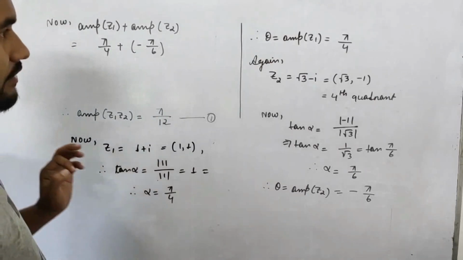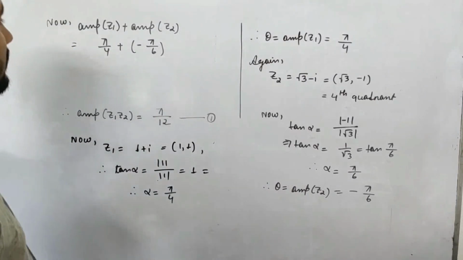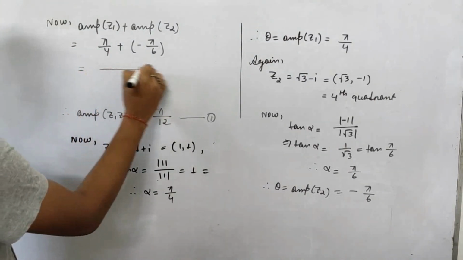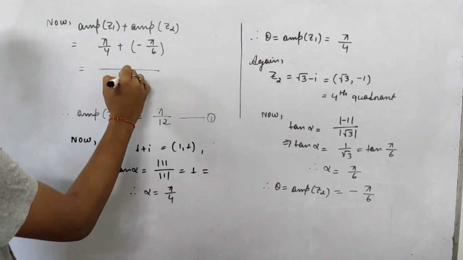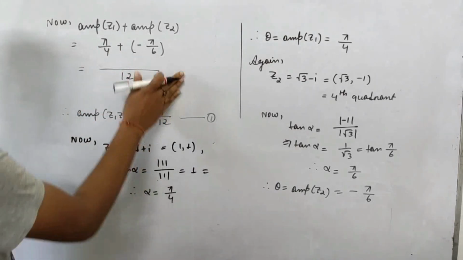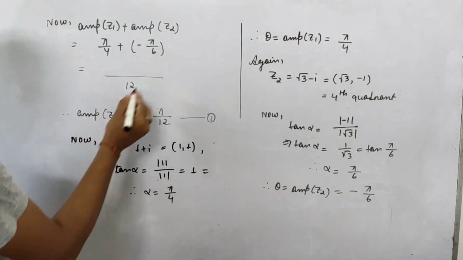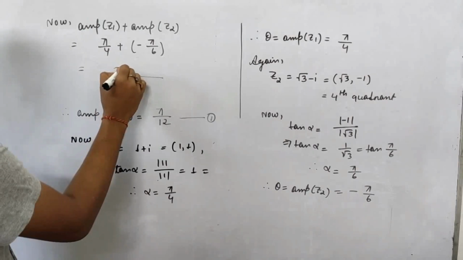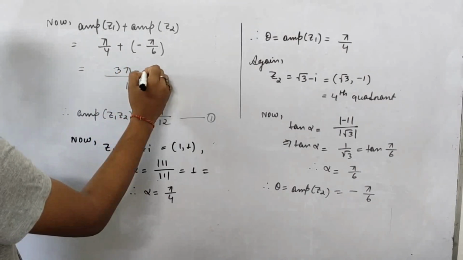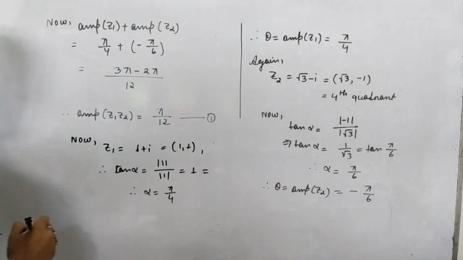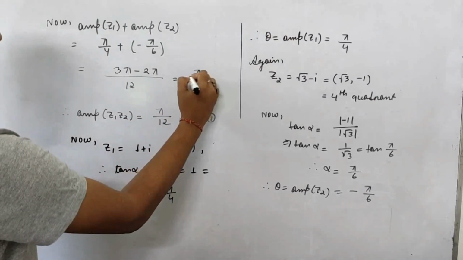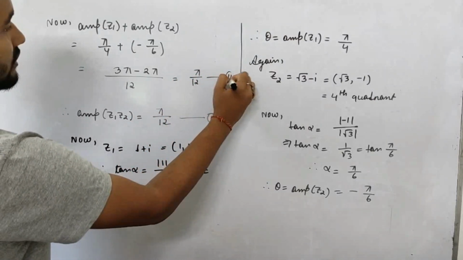Pi by 4 minus pi by 6. So what is the LCM of 4 and 6? Obviously 12, right? So 4 times 3 minus 6 times 2, which is equal to pi by 12. Give this as equation 2.